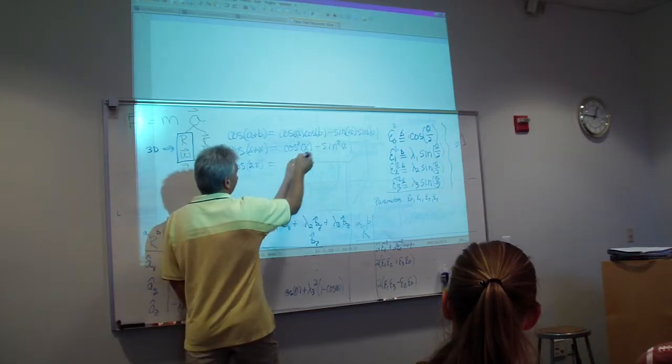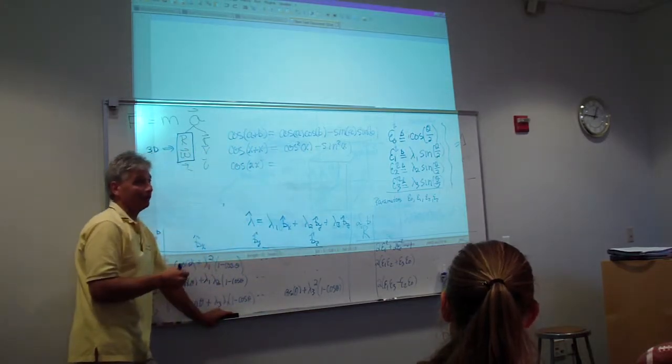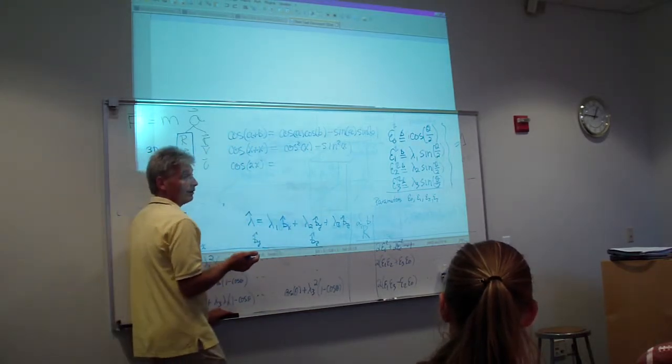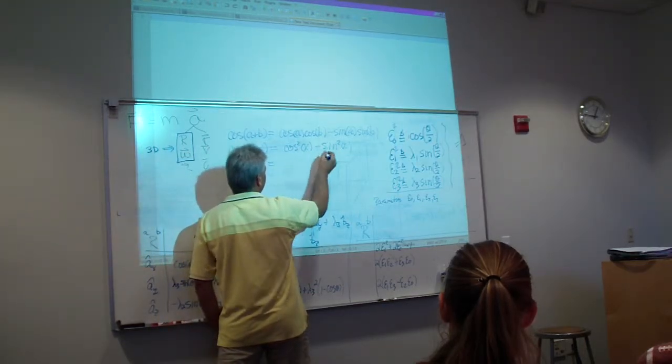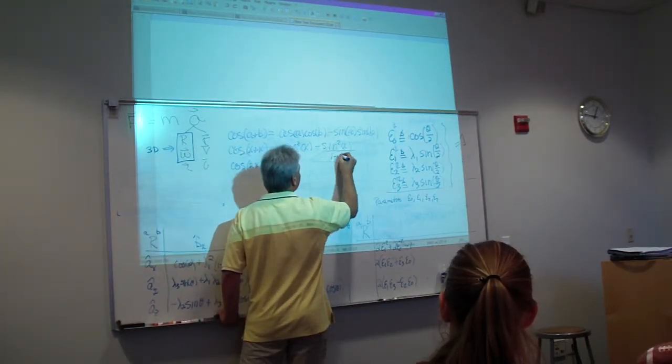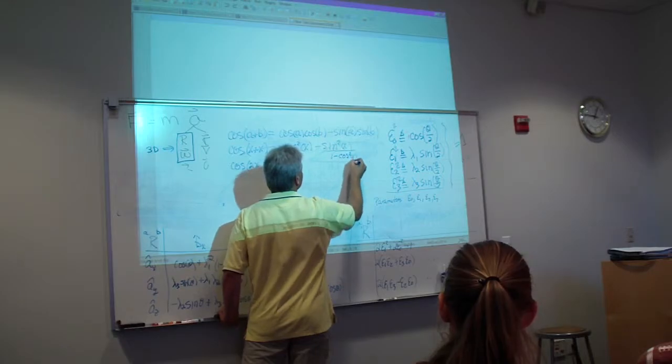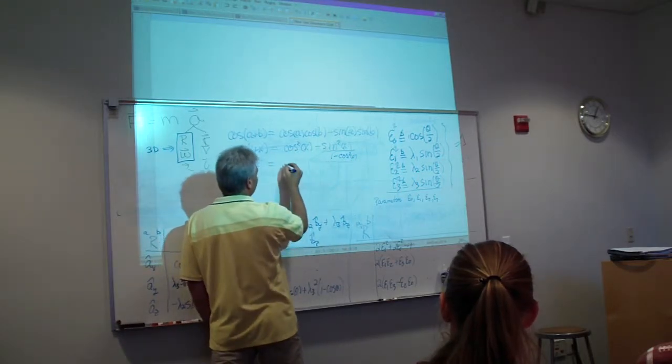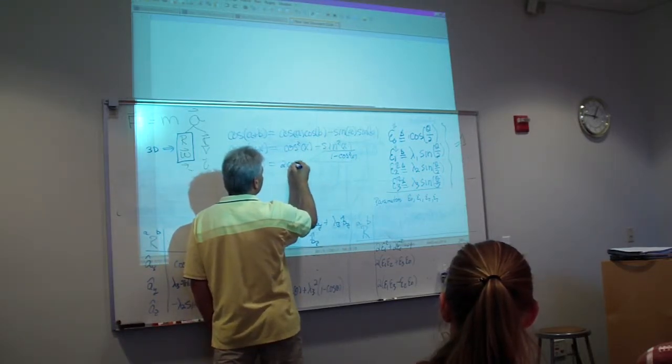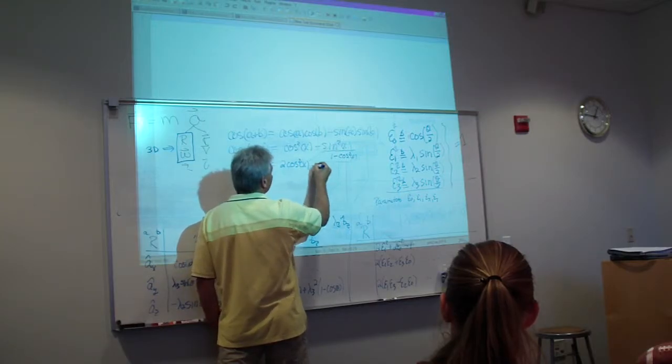And then you can take your sine squared and replace it with, this is the same as 1 minus cosine squared. So that becomes 2 cosine squared x minus 1.